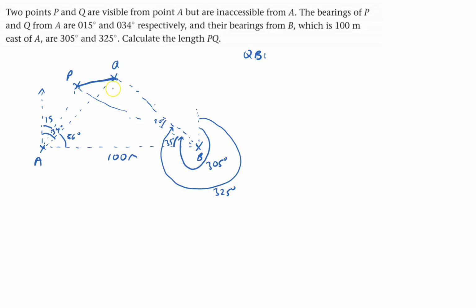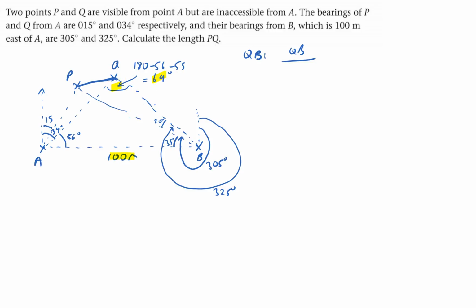I do know that angle, because I can use angles in a triangle adding up to 180. So that angle is 180 minus 56, and minus 55, that's 35 and 20. And that is 69 degrees. So now I can do it. I want this length here, QB, and I need to use the sine rule, because I've got a known pair, the one with 69 degrees.